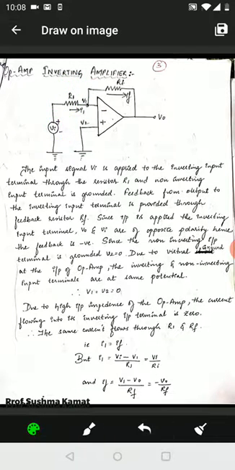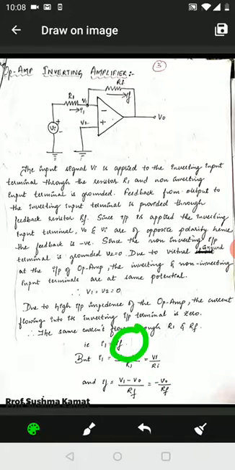The equation for current is V upon R, so I1 is equal to Vi minus V1 upon R1, but the V1 value happens to be 0. If we put that in the equation, it will be Vi upon R1. So this is about I1.